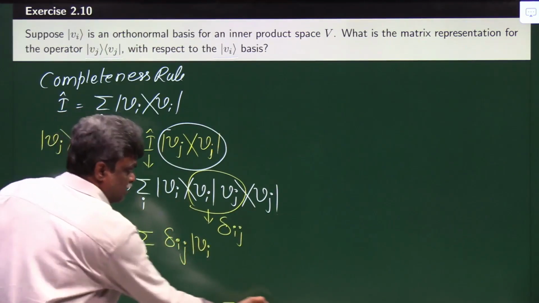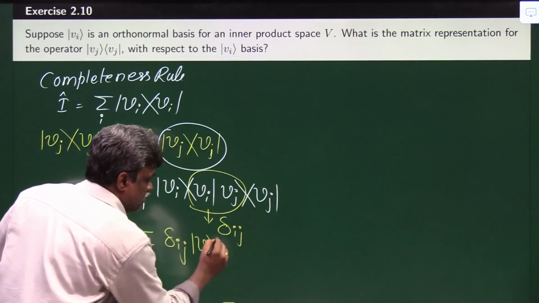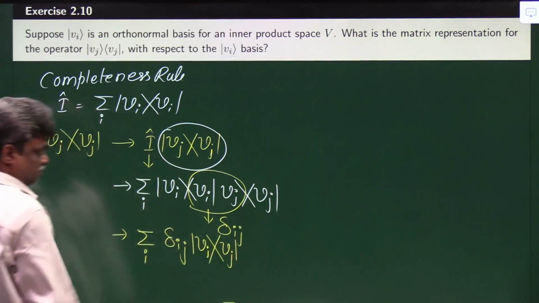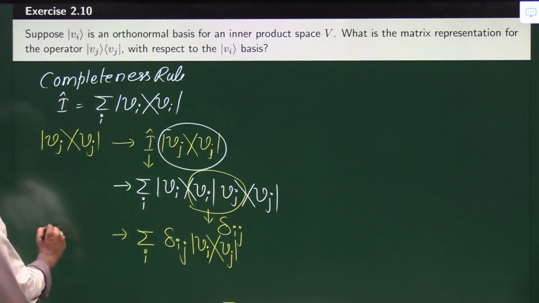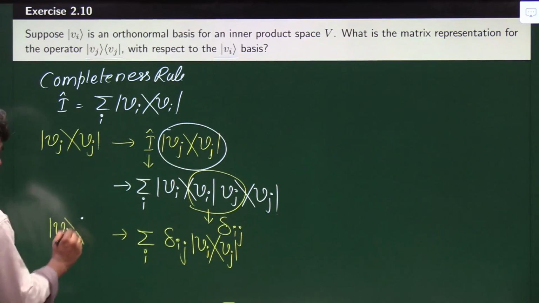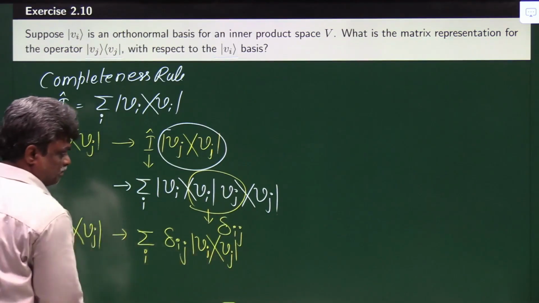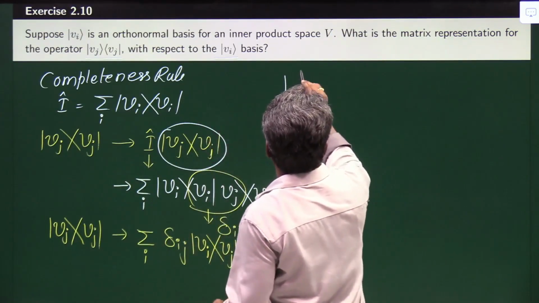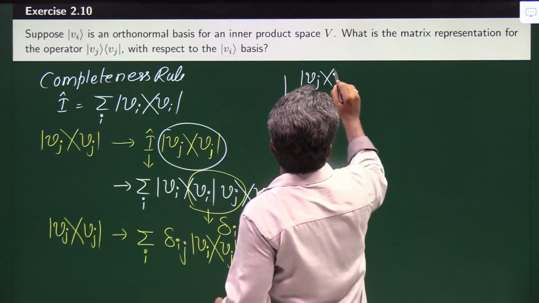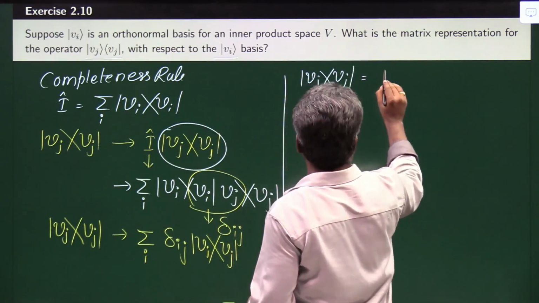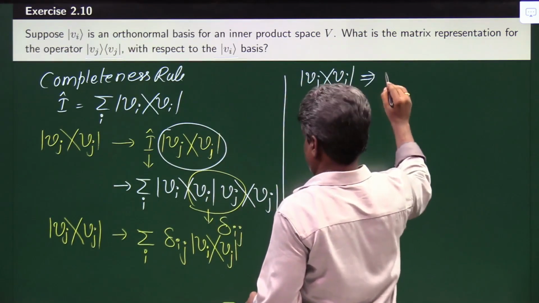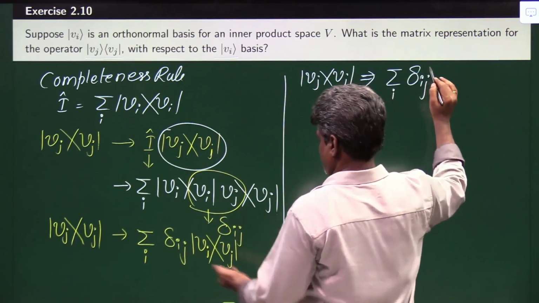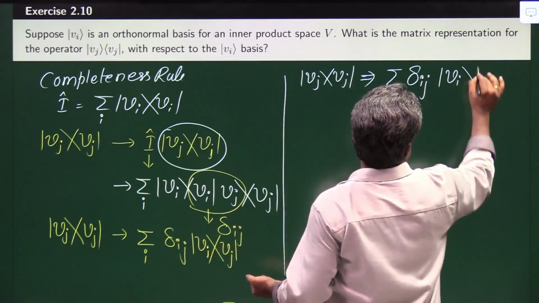This is a Vi, careful, and the remaining thing is a Vj. So here we have written this Vj outer product in this form. So what is the meaning of this? Finally one more time I'm writing here: Vj equal to summation over i, delta ij, and this outer product Vi Vj.